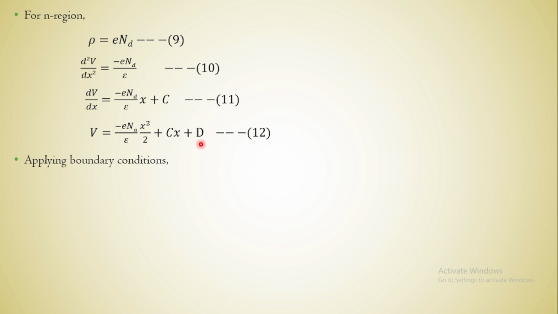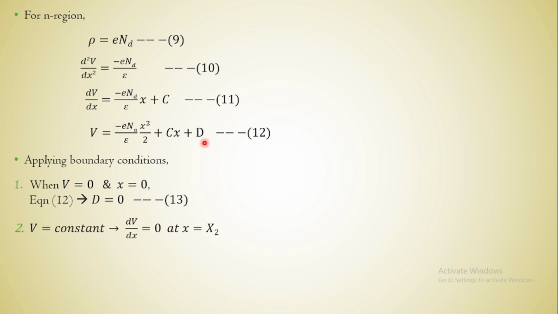So making use of boundary conditions again towards the N region of the junction, when V equals 0 and x equals 0, we get D equal to 0, that is, substituting the x value and V value. At the N region boundary we have V as constant, so dV by dx will be equal to 0 at x equals x2, that is the right side of the depletion region.